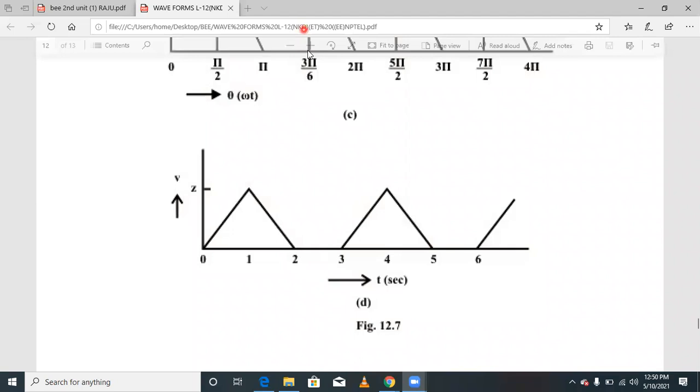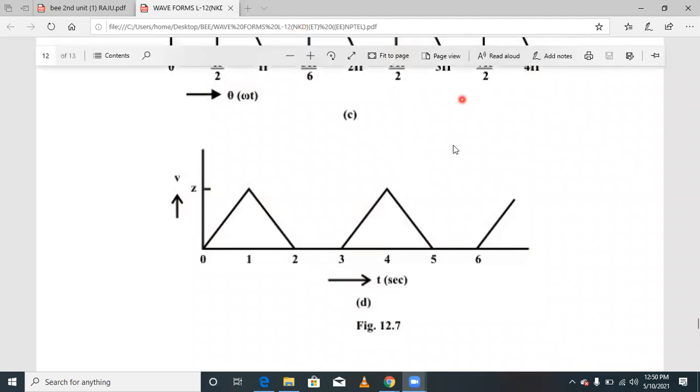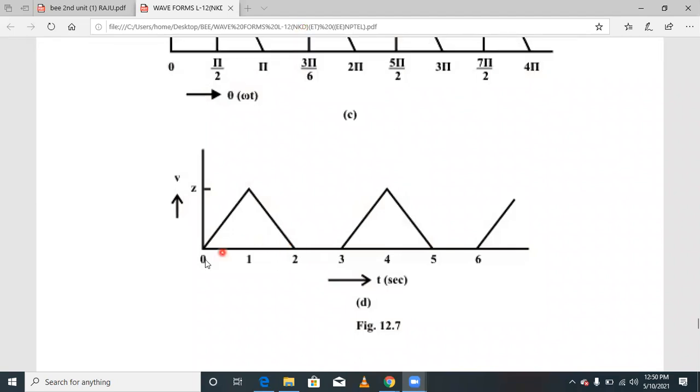To find the RMS value, take 0 to 3 as the total time period of this waveform. This waveform is repeating, 0 to 3, then 3 to 6, 6 to 9, like this.